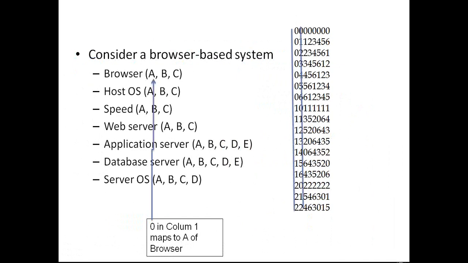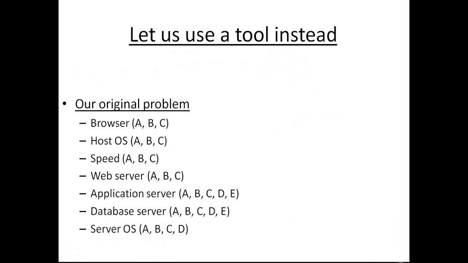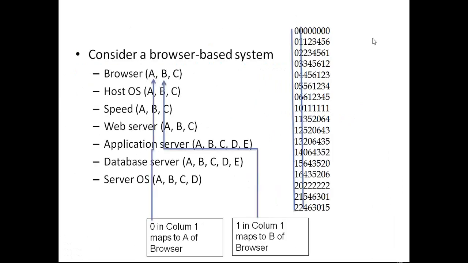And wherever there is 0 in column 1, we map it to browser A. And whenever there is 1 in column 1, that means that we have to test for browser B. And then we keep on doing it for all the other columns as well. So column 2 would be represented by host OS, and whenever there is 0 it will mean host OS A, whenever there is 1 it is B, and so forth.